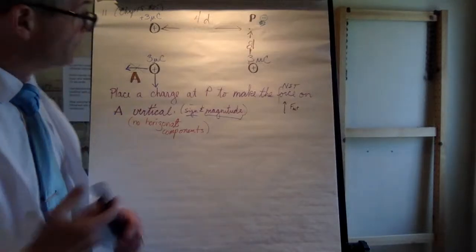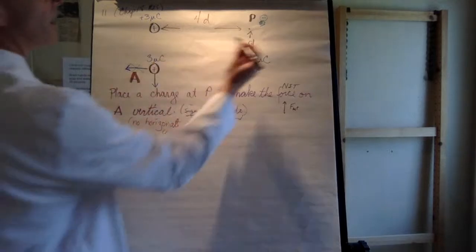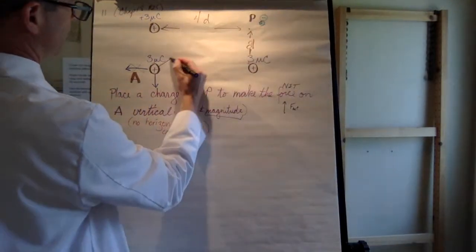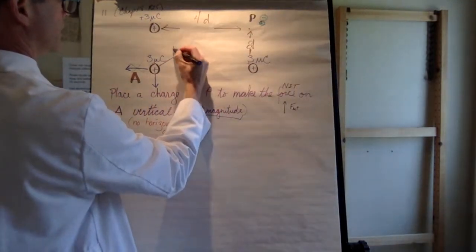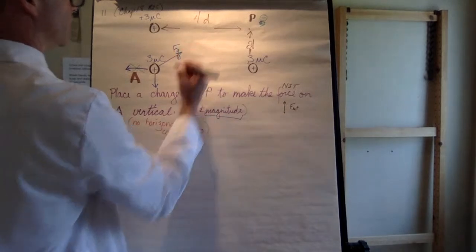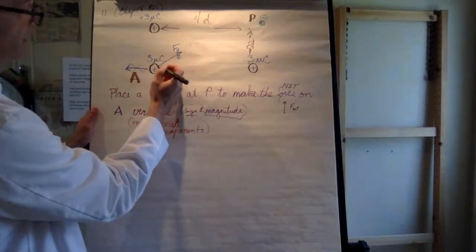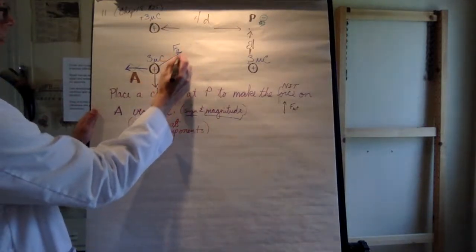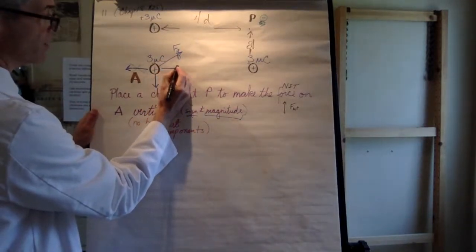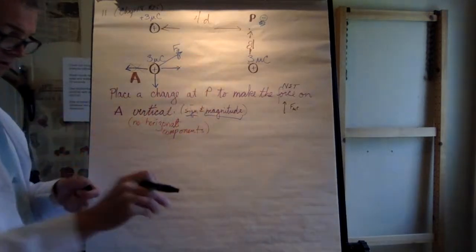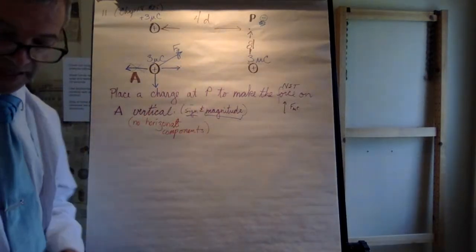Okay, so here we go. So this has to be negative. I'm going to end up with the force from my charge in that direction. And really, I don't care about the vertical part. I only want the horizontal portion. I'm going to change colors. I only want the horizontal portion to cancel out.